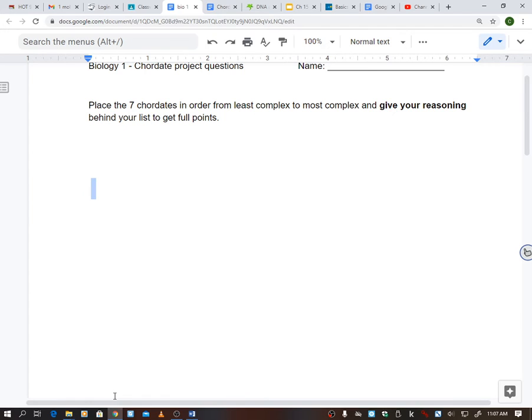But that doesn't mean that is set in stone. Science, especially biology, can change. Scientists change things around. Do I think it will change a lot? Probably not, but they might move individual organisms around. So there is no right or wrong for you. Just list your chordates, and then give me your reason.